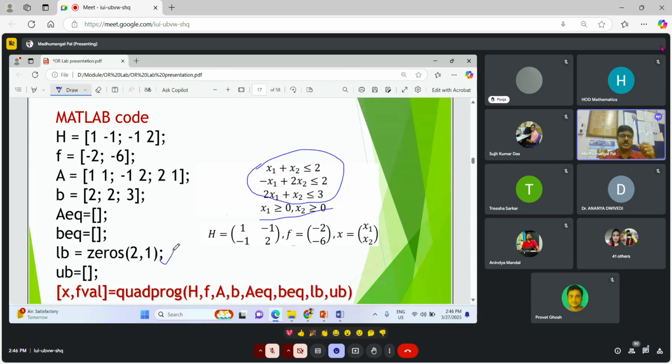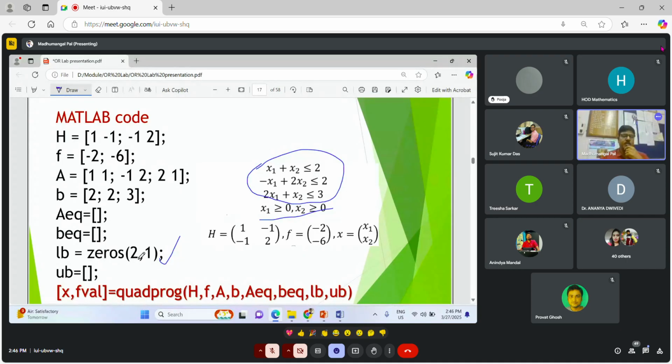But there is another alternative technique to represent the zeros. The zeros function creates a vector with 0 elements. So what is the meaning of the arguments? 2, 1 means it has two rows and one column. See that the x vector is x1 and x2, so we need a column vector to initialize the variables x1 and x2.